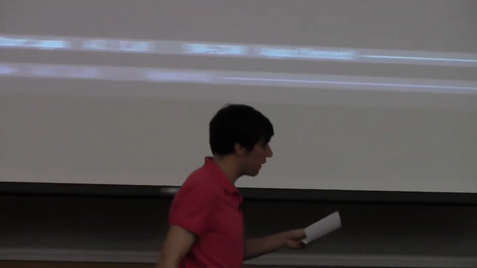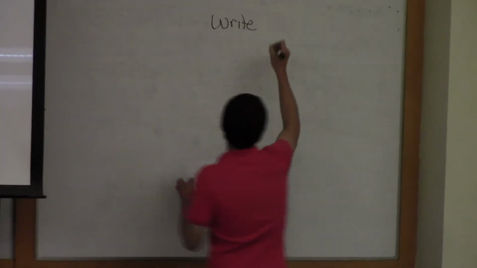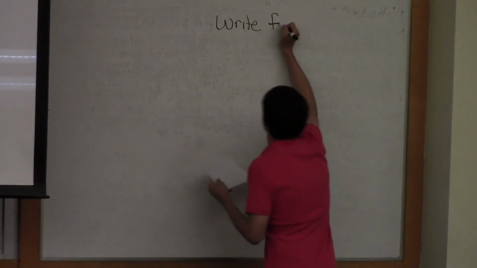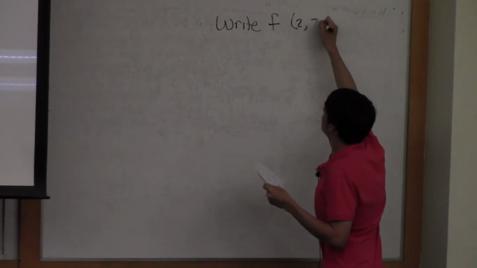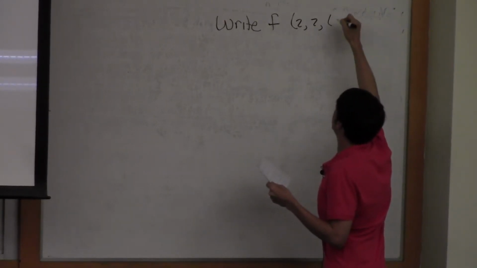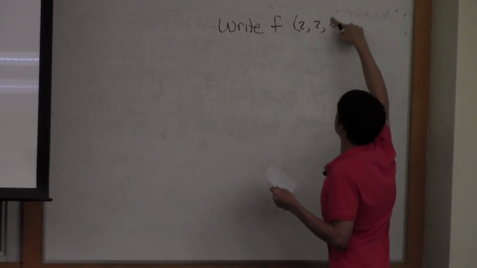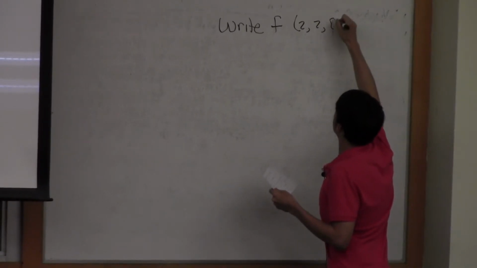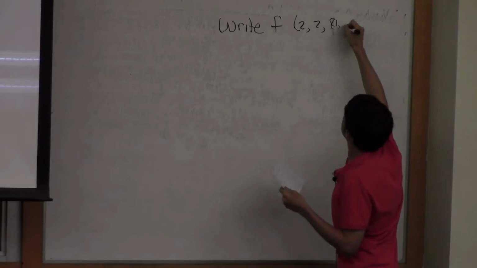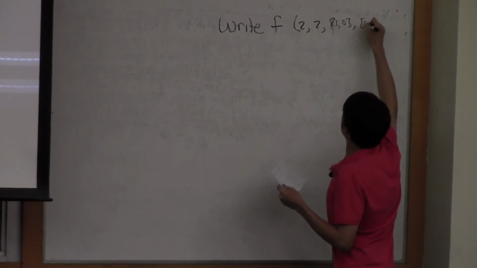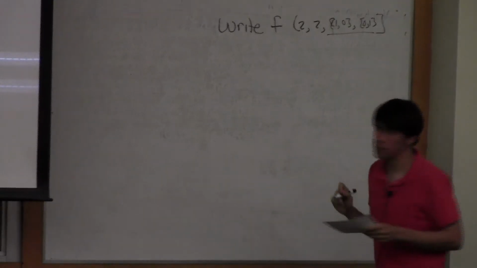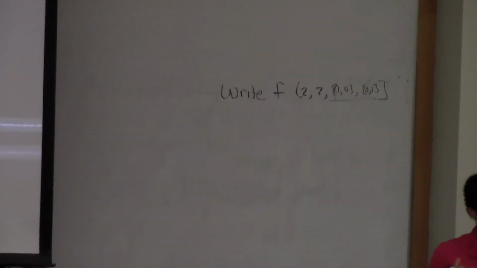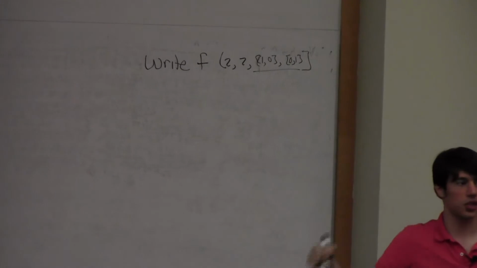So if this is F, then I'll be able to say things like write F, and then, I don't know, if I do the one that's over there, it would be 2, 2, and then 1. Let me just write the vector as like a list. So the list 1, 0, the list 0, 1. OK, so there's a vector. So the point is, in my program, I have a vector 1, 0, 0, 1.